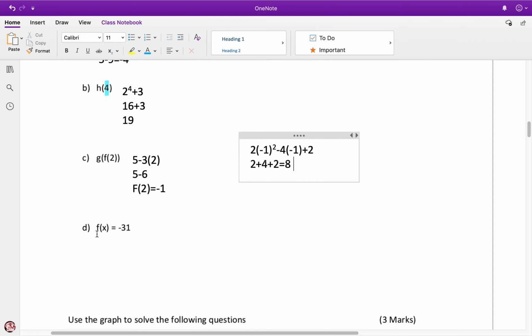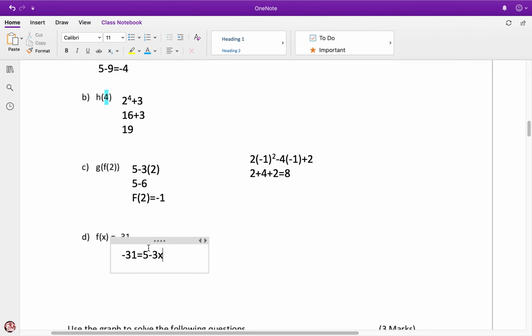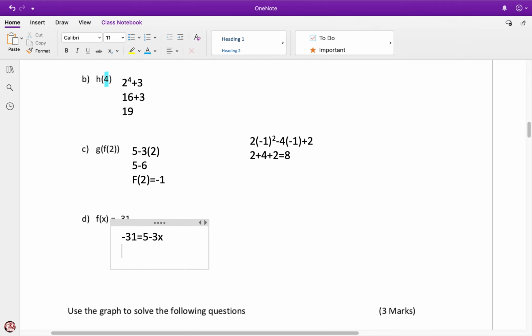And this one here, I give f of x equals negative 31. So that means the answer is negative 31. So negative 31 equals 5 minus 3x. All right? Then we start rearranging. So I'm going to go negative 31 minus 5 equals negative 3x.